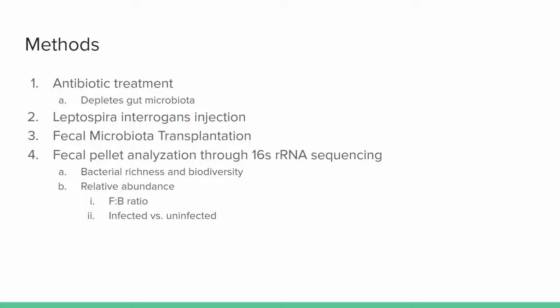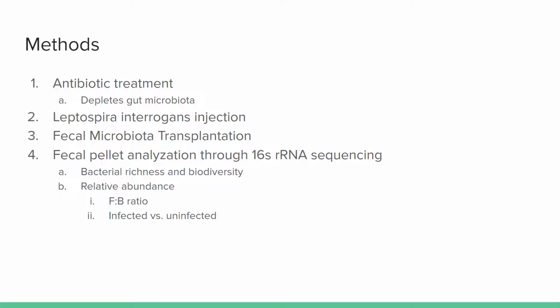And then that solution was given orally for 4 consecutive days after being injected to one of the infected groups. Now, they did that because the gut microbiome of the control group was still normal. It was still plentiful. Whereas if they tried to do a fecal microbiota transplant with an infected group, then there wouldn't be much bacteria that comes from the microbiota to be transplanted.